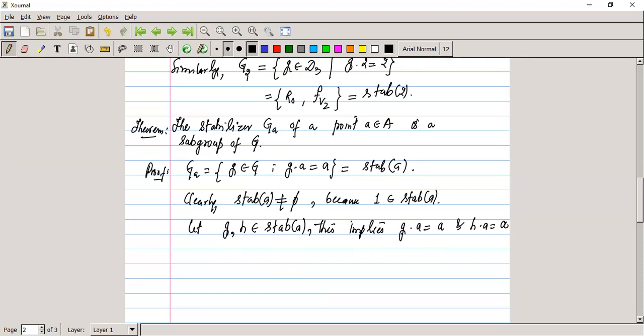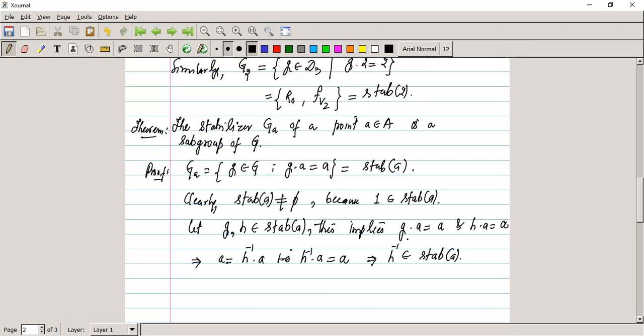So therefore, from the group G, both g and h will have the inverse. So this implies that from the second equation, a can be written as h inverse of a. So that is h⁻¹·a equals a. So once we have an element from G that stabilizes A, the inverse of that element from G also stabilizes A. So actually what does this mean? This means that h⁻¹ belongs to the stabilizer of A.